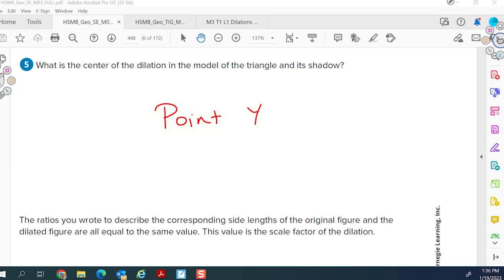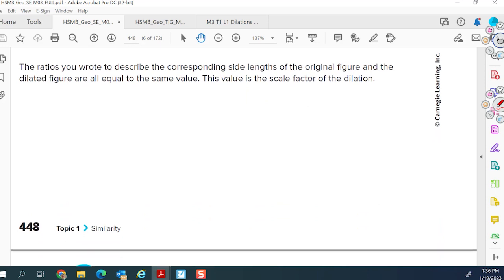That's number 5, point Y. And then the ratios you wrote to describe the corresponding side lengths of the original figure and the dilated figure are all equal to the same value. It was approximately the same, a little different, but that was just because we measured the best we could. The value is the scale factor of the dilation.